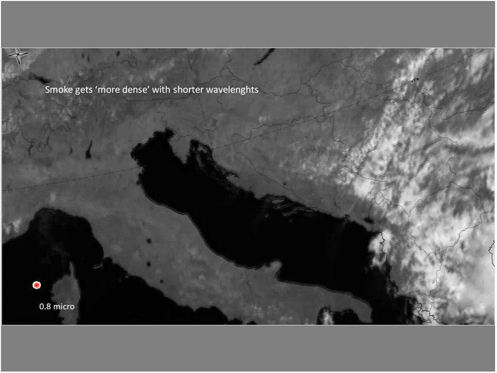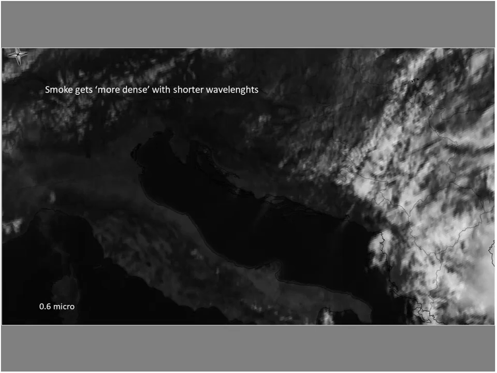The difference between the two is visible because in 0.8 we start to see smoke, and in 0.6 the smoke is quite clearly visible as these gray stripes from the coast. This is an important thing to remember, because the smoke particles are relatively small, and they reflect the solar radiation better at smaller wavelengths.